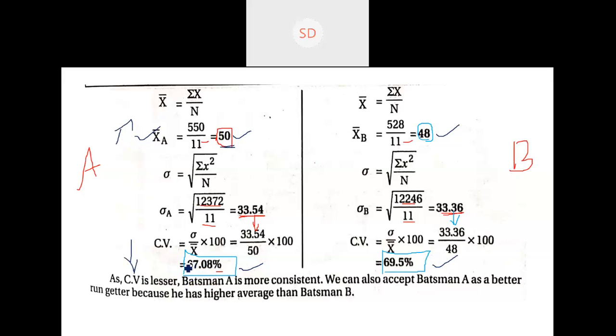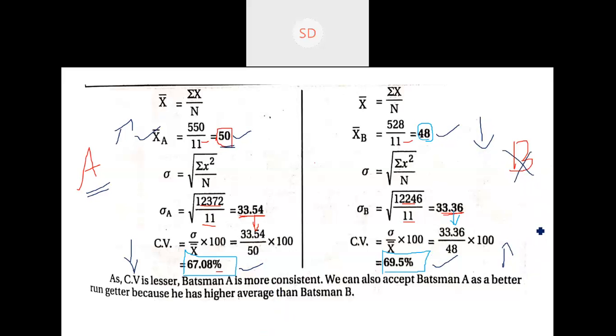Now if you check here, batsman A has the highest arithmetic mean and the lowest coefficient of variation, which means batsman A is more consistent. So we can also accept batsman A as a better runner because he has a higher average than batsman B. If you see batsman B, he has a lower average but a higher coefficient, which means he is not consistent.